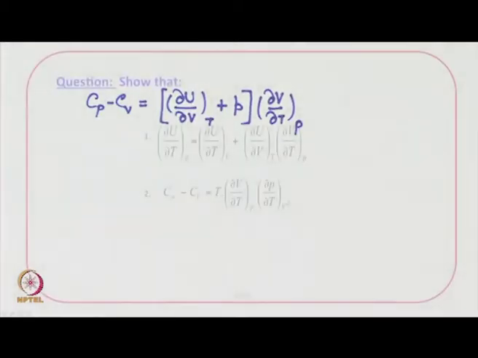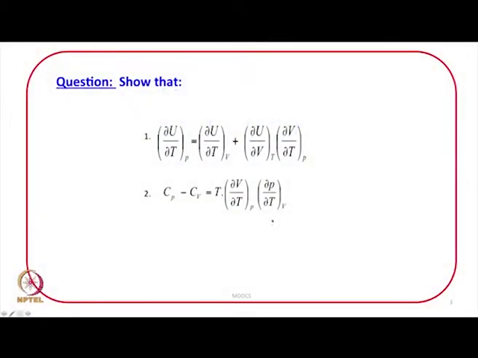And if you look at the slide, question number 2, the variation of volume with temperature at constant pressure is already there in the answer. But in the answer, there is no separate pressure term, although the derivative is there.